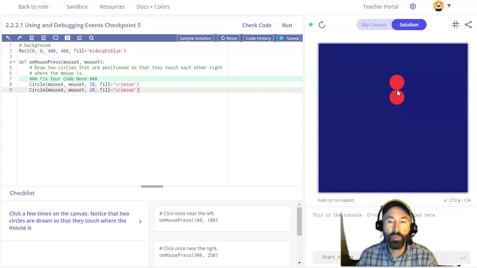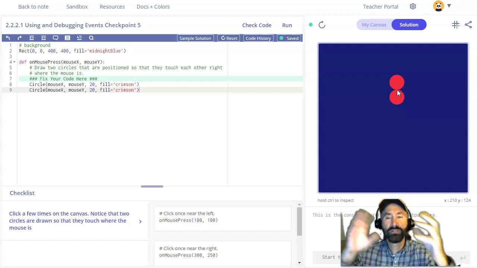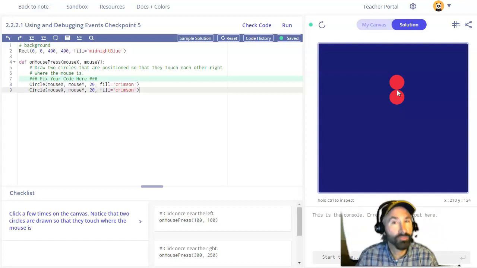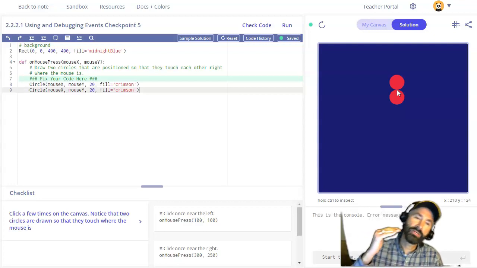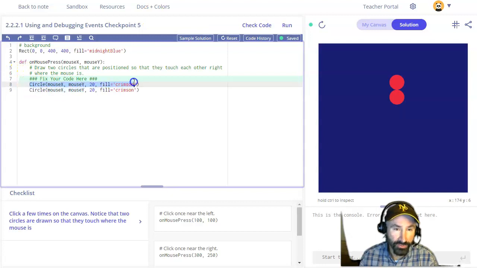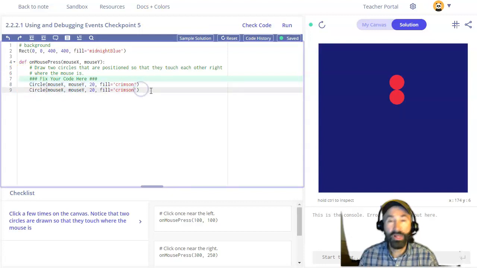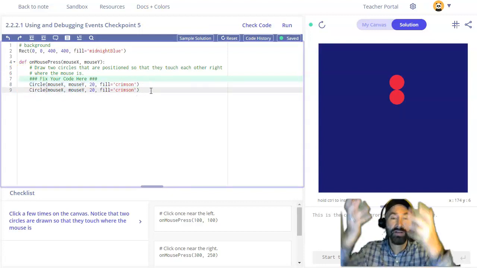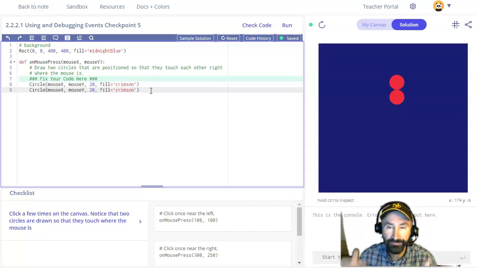That is an important part of figuring out all of the puzzles that come in the future, is figuring out different ways to look at the puzzle in order to make the most sense of it. Now, if one circle needs to be drawn above and one needs to be drawn below, and I have two circles in my code, the next question is, well, how can I draw one circle higher and how can I draw one circle lower?